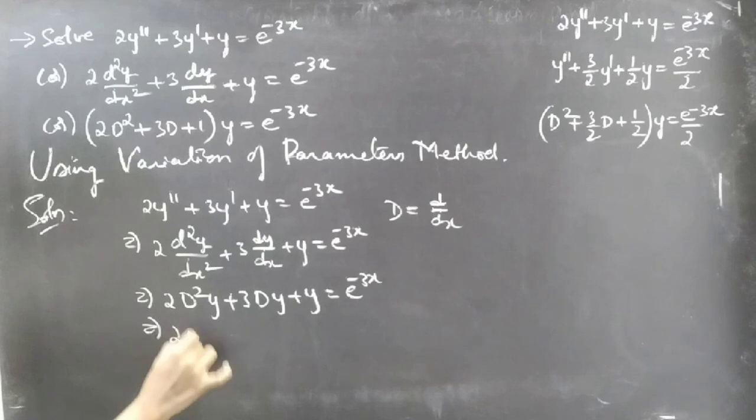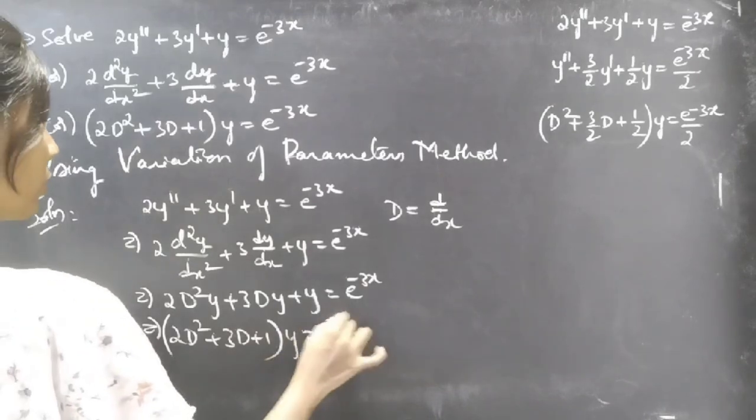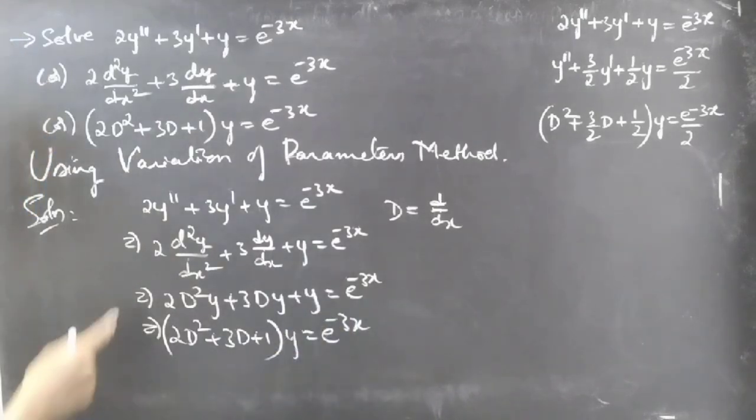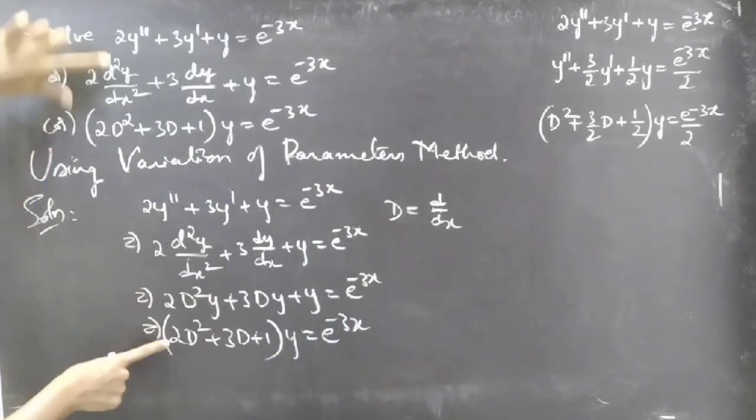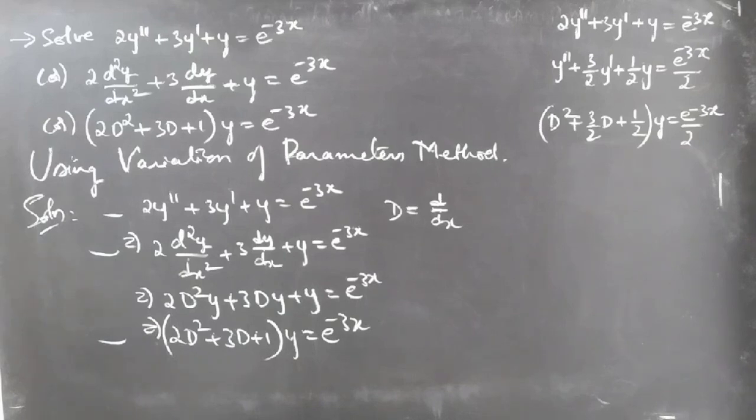Now take y common from all the terms of the LHS. We'll get (2D² + 3D + 1)y = e^(-3x). All three equations are the same, just the notation varies. Okay, now coming to the problem.